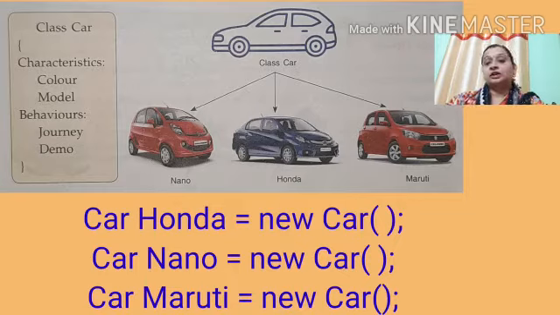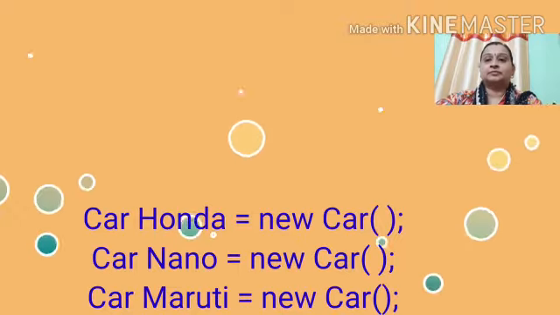Then the next is Car, then Maruti equal to new Car and the method sign. So it means that Honda or Nano or Maruti is an object of the class Car.